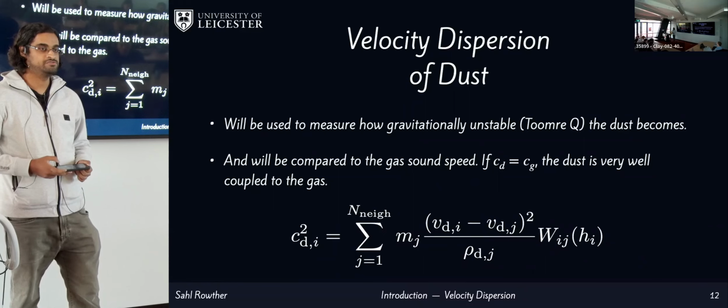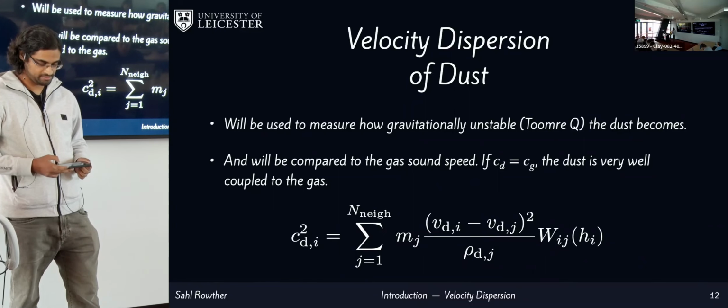And it will also be used to compare with the gas sound speed. So for example, if both are identical, then the dust is very well coupled to the gas, as they can be thought of as a single fluid.